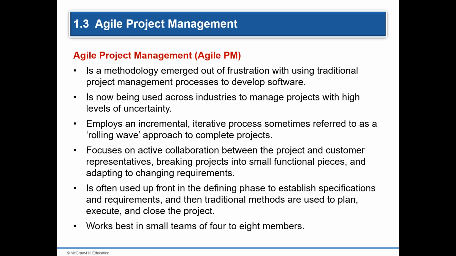Basically, when you look at software, they used traditional project management process a long time ago, and they were very frustrated. Okay, why? Well, when you look at software or applications in computers, it takes time because of coding, programming, quality control to develop a project.